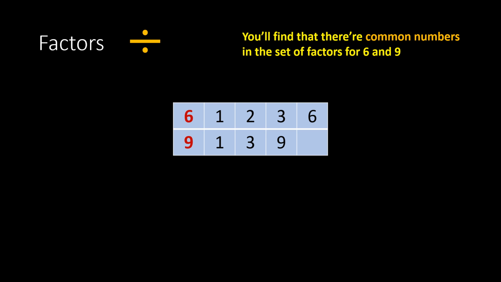So just like multiples, there are common numbers in the set. And here, there are common factors for 6 and 9. We have 1, which is common, and we have 3.